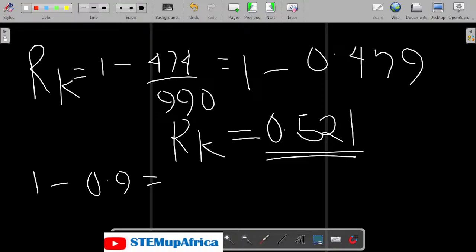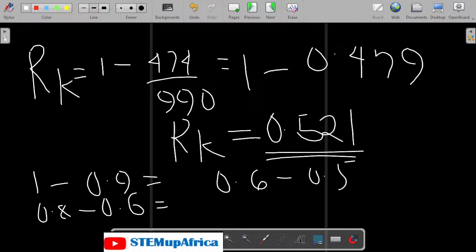When your values fall between 0.8 to 0.6, it is strongly correlated. If you fall between 0.6 to 0.5, it is moderately correlated. If you fall below 0.5, let's say 0.46 to 0.1.